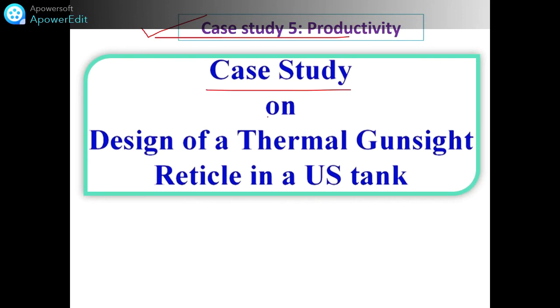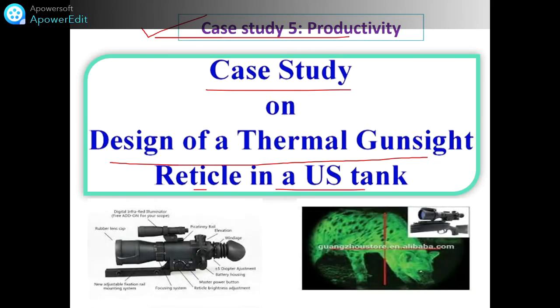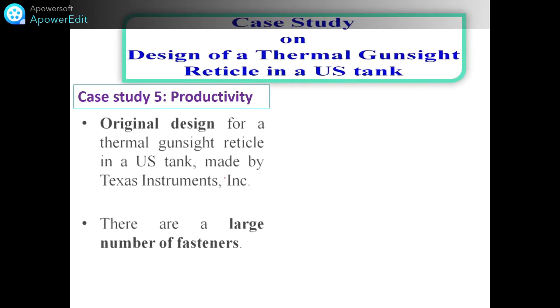Under this case study, the design of a thermal gunsight reticle in a US tank. See, this is the image of this reticle. It is mounted on this gun, and we can see through the thermal gunsight at night also. In this picture also you can see the parts. So what is the problem statement?